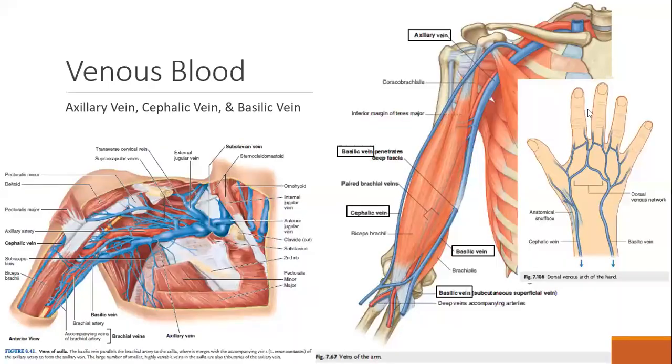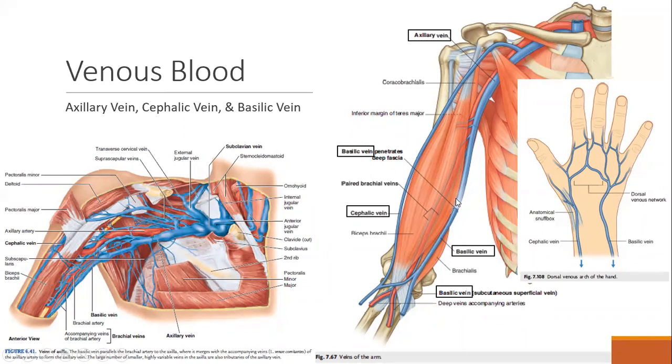So you can see here there's your cephalic vein, there's your basilic vein, here's your median cubital. It's not labeled, but this is it. And then you can see how your cephalic vein is emptying into your axillary vein. Then underneath here, this is your subclavian vein. But notice how it's all just a continuation.